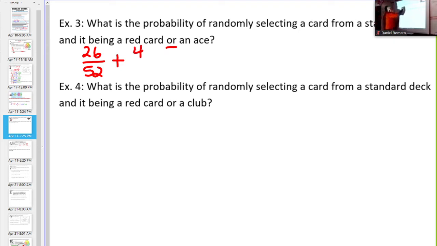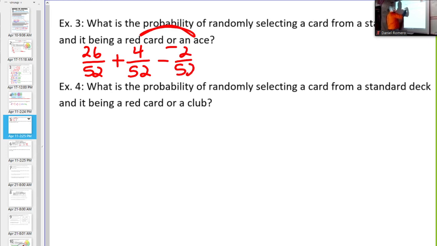Yeah, it's 4. But now we have to think, are these events mutually exclusive? Is there an intersection? Are there any red aces? How many aces are red? 2. Yeah, there's 2. The heart and the diamond.